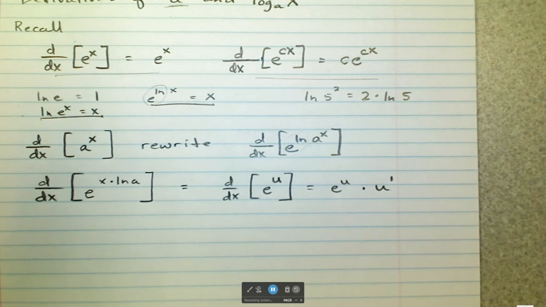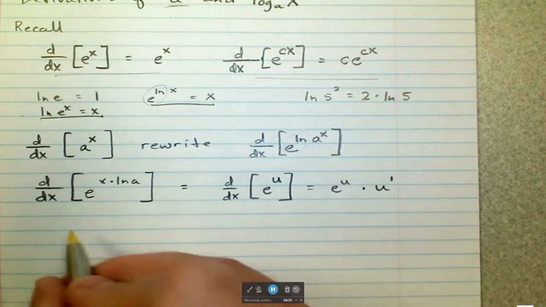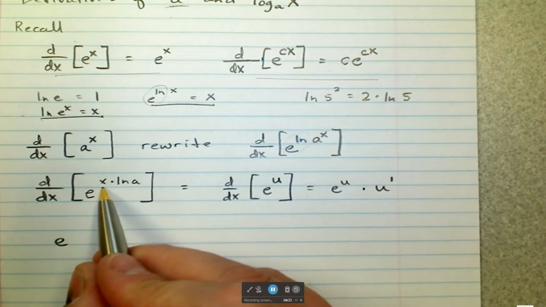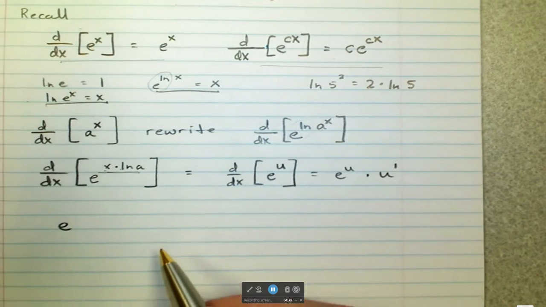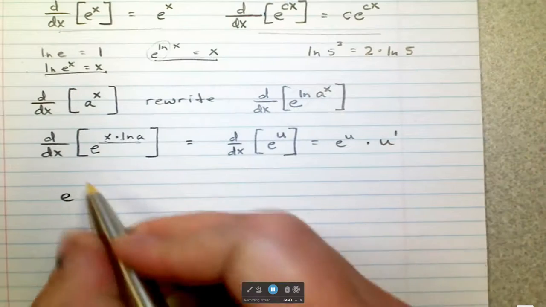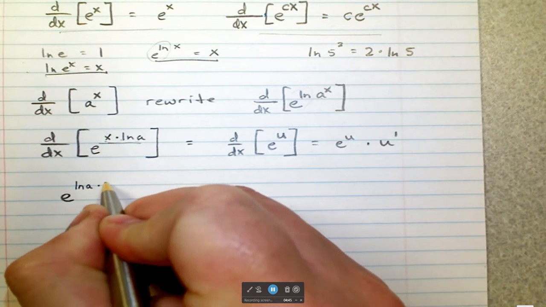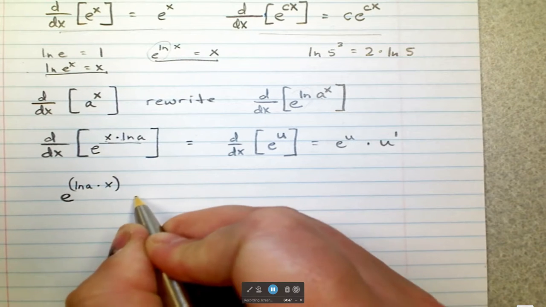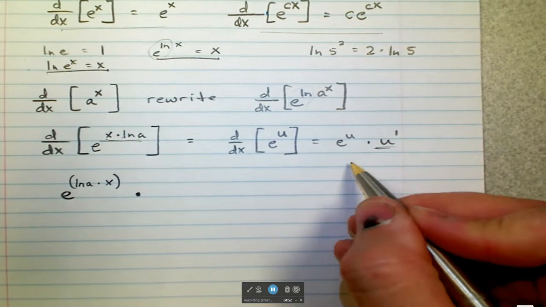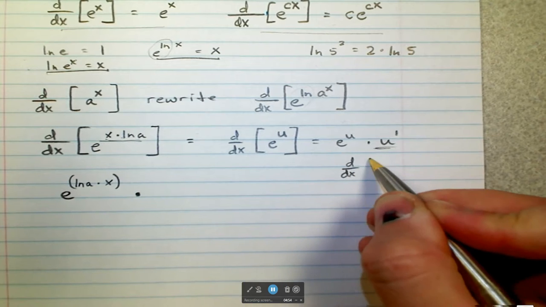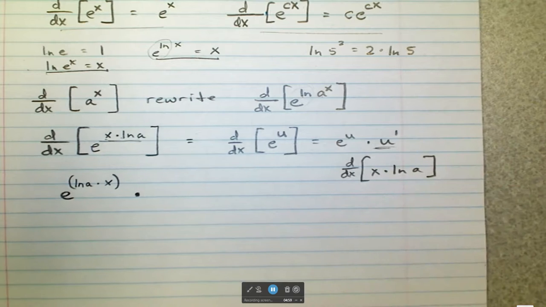So this derivative is now e to the, and remember this is something times something, so you can write it in any order you want to. I'm going to write it in opposite order, and you'll see why in a second. So natural log of a times x, times u prime. U prime is the derivative of x ln a.